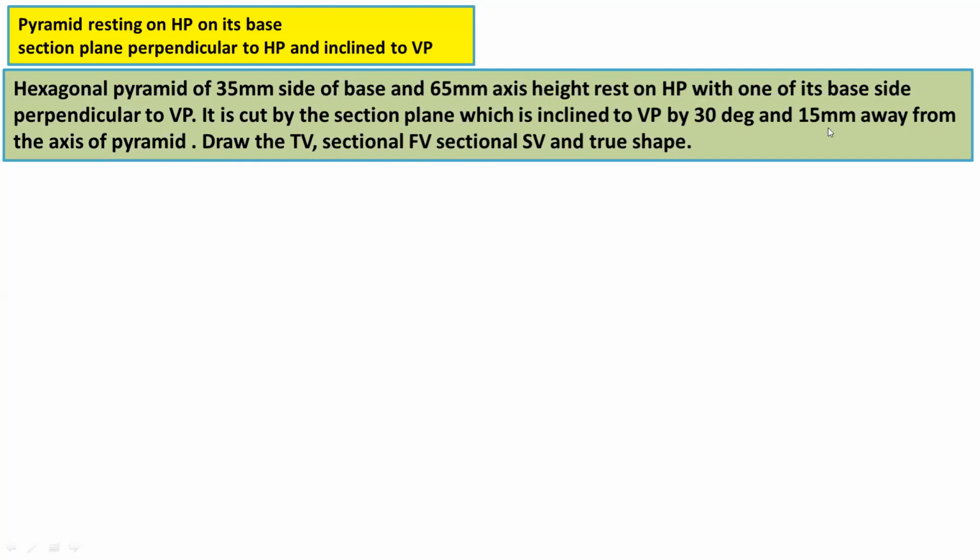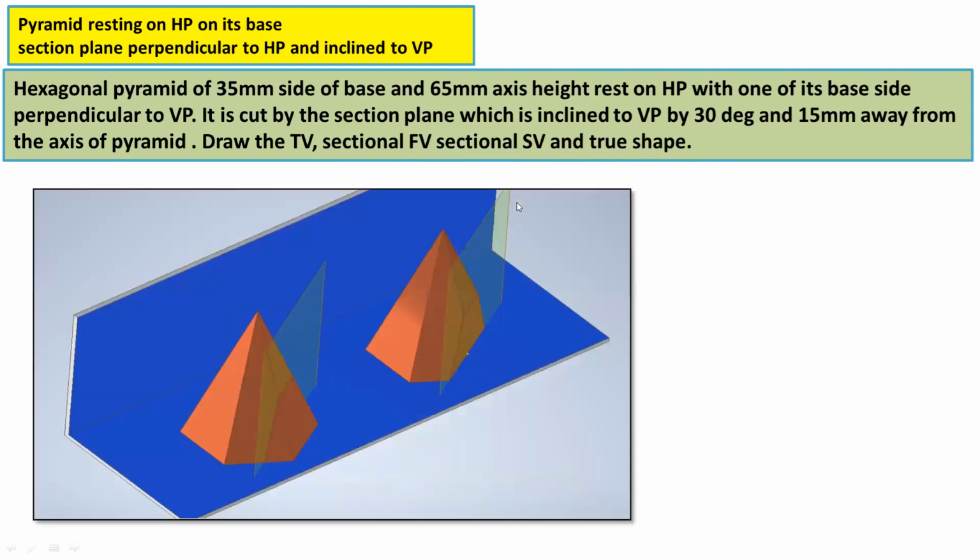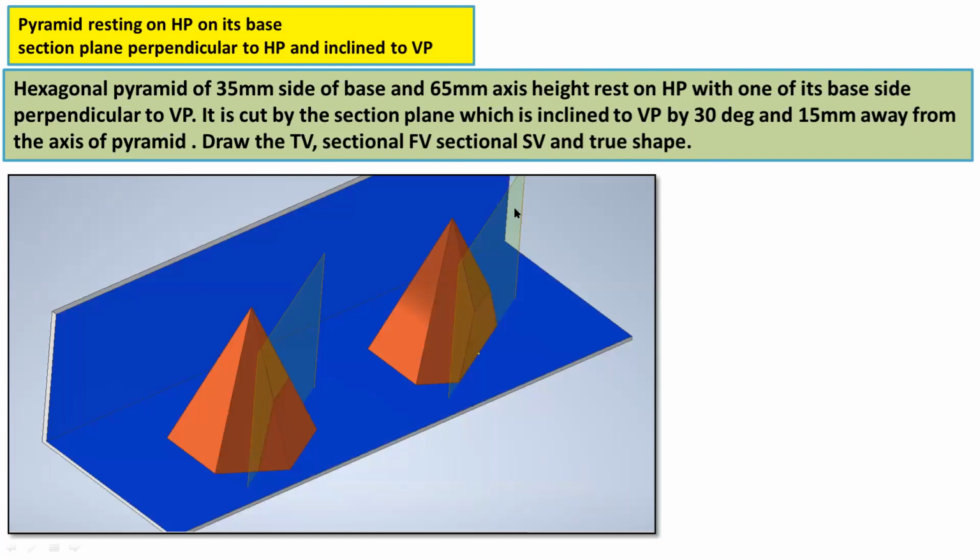This 15 mm distance, which is away from the axis, is visible in the top view. Draw the top view, sectional front view, sectional side view, and the true shape of the section. So here you can see the position of the hexagonal pyramid on the HP and the position of the section plane.